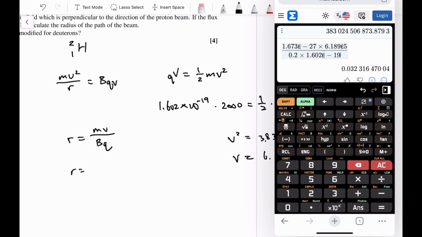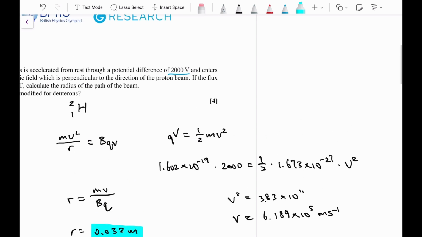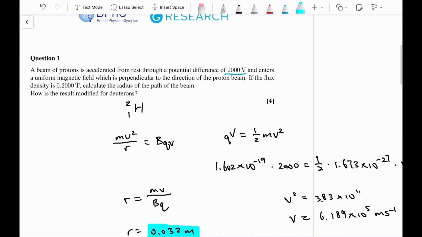What that gives us, to two significant figures, is 0.032 meters, and that will be the answer to the question: the radius of the path of the beam.